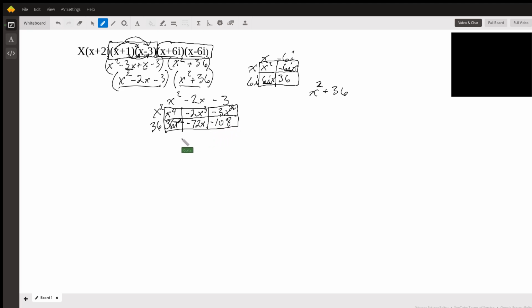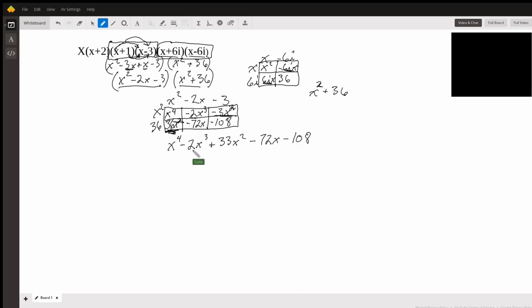And we can now combine our like terms. We have 36x squared and negative 3x squared. So those are our first like terms, and in fact, only like terms here. So x to the 4th minus 2x cubed plus 36x squared minus 3x squared is 33x squared minus 72x minus 108.